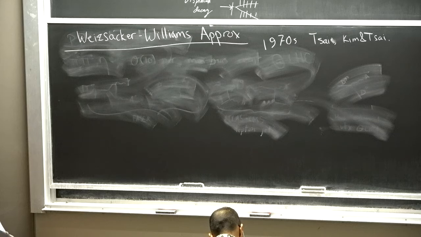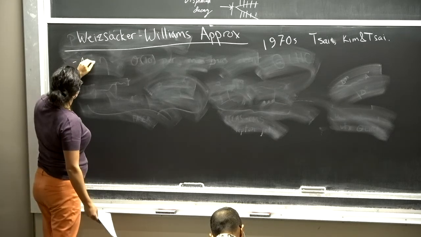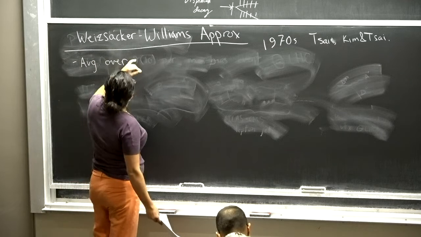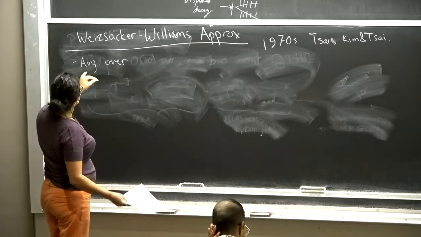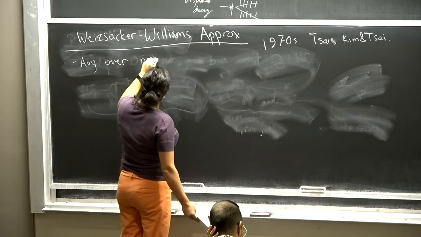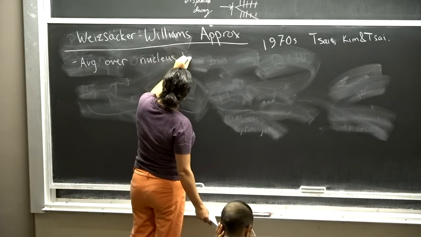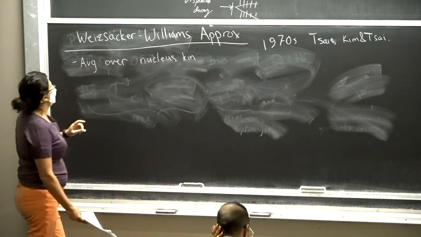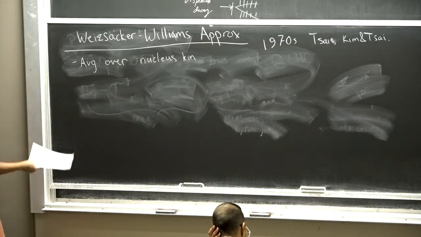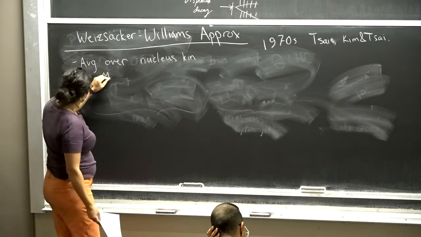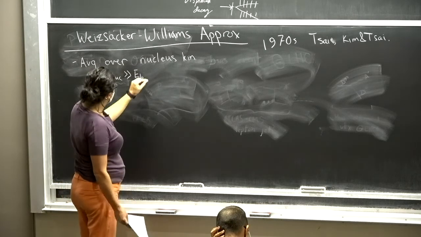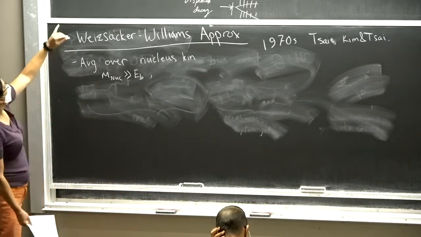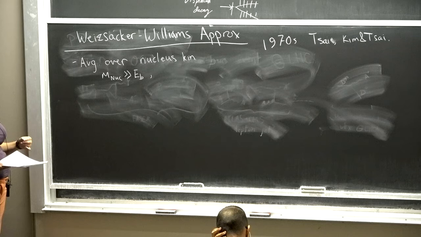In most cases, the nucleus. So we're going to average over non-A prime kinematics. I can think about this as averaging over the recoiling electron kinematics or as averaging over the nucleus kinematics, which is how I like to think about it. That nucleus, we know, the mass of the nucleus is much greater than the energy, and a nucleus can only take a certain amount of translational momentum without breaking up.